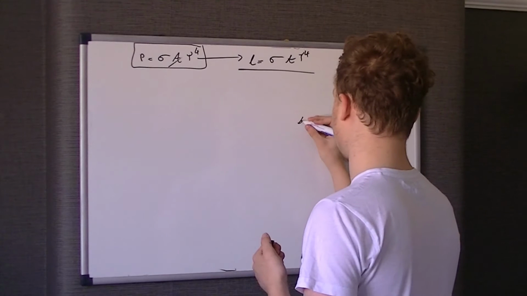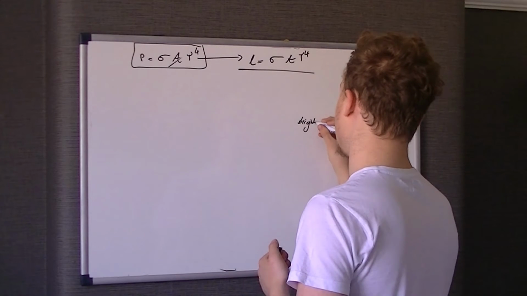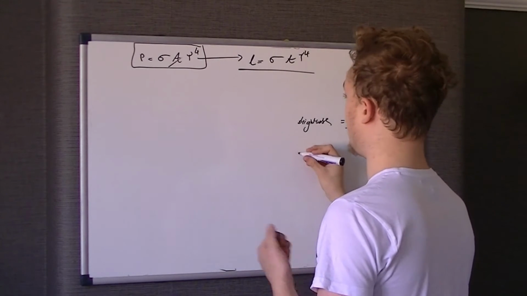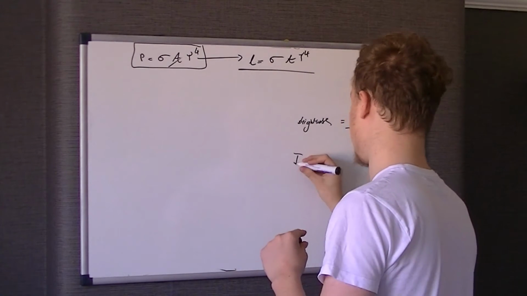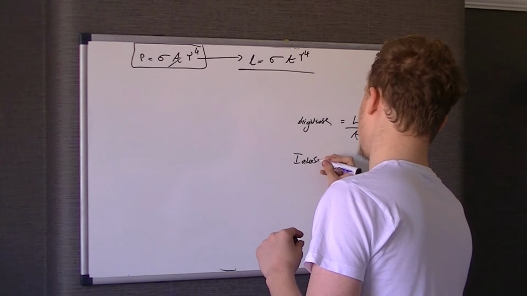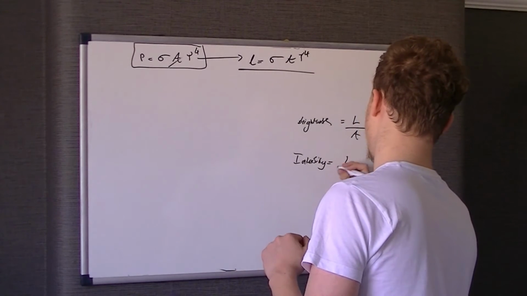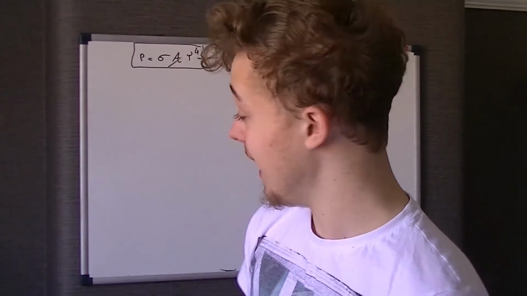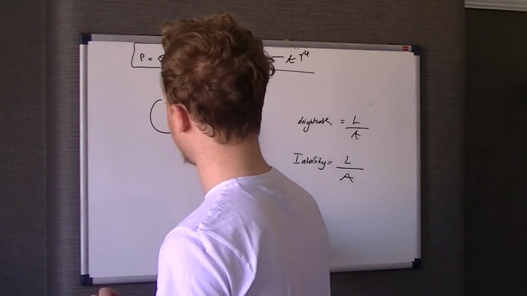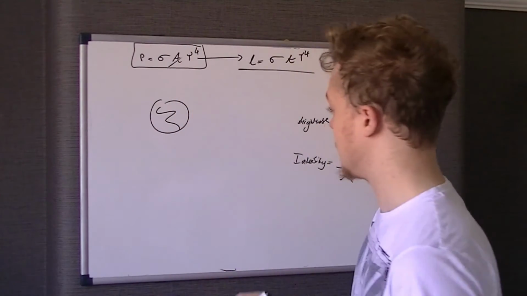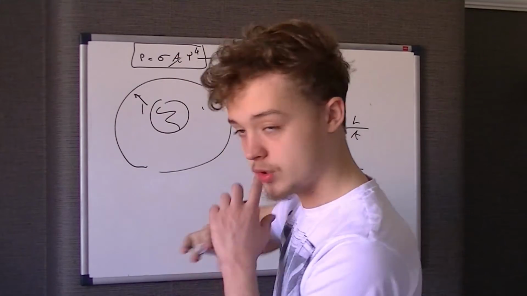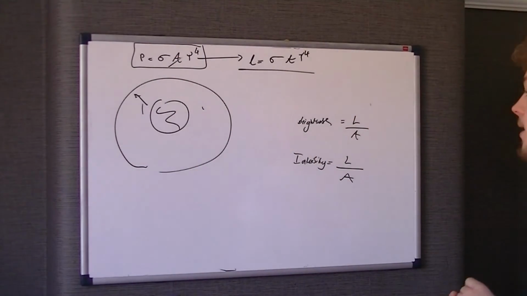I think both equations are given in your formula sheet: brightness is equal to the luminosity over the area, but the intensity is also given as the luminosity over the area. But for brightness, this cross-sectional area is just the surface area of the planet, okay? But the intensity takes into account the area of this whole circle that you're far away from the planet, okay?